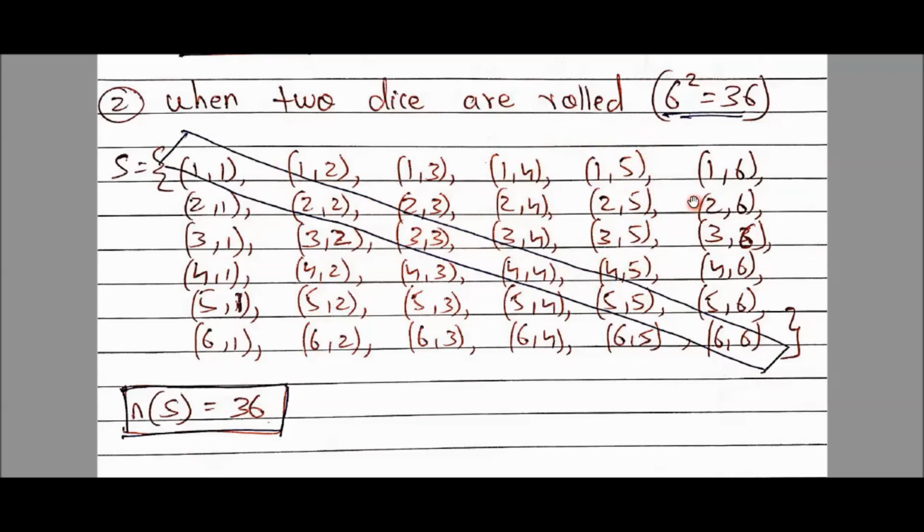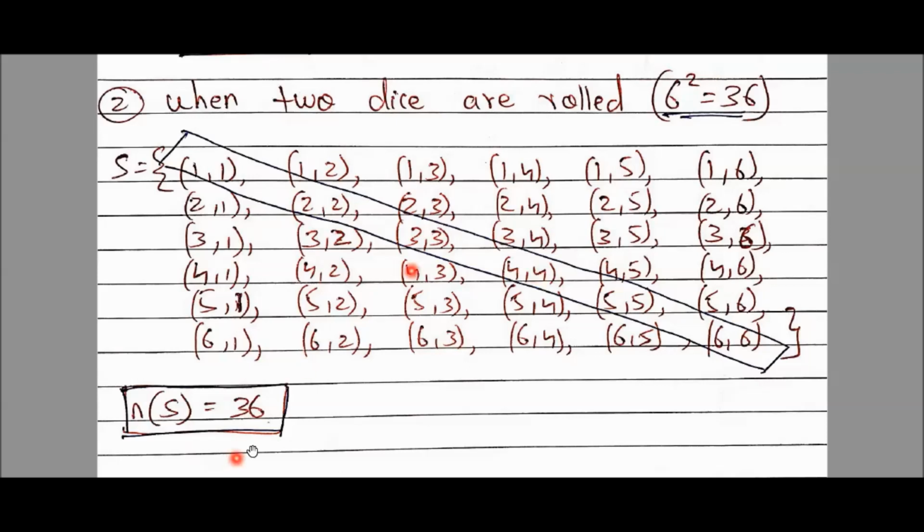In all these options, the element or answer before the comma is less compared to the number after the comma. The numbers before the comma are smaller and the numbers after the comma are bigger. Meaning the left die's answer is smaller and the right die's answer is bigger. And every element below this diagonal has the numbers before the comma bigger and the answers to the right of the comma smaller. Meaning the answers on the left die are bigger as compared to the answers on the right die. Okay, this was just extra additional knowledge.